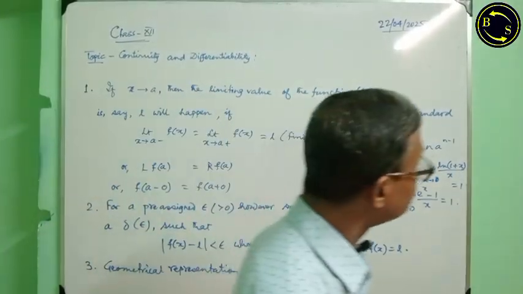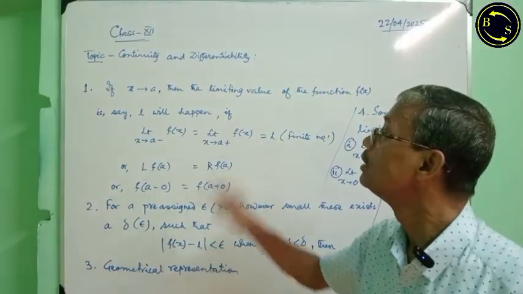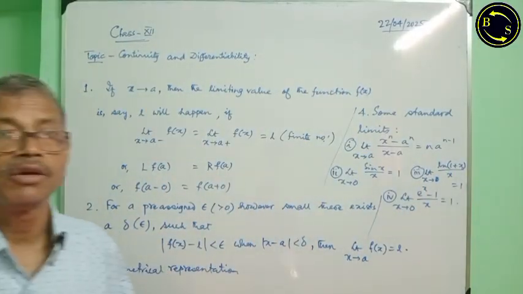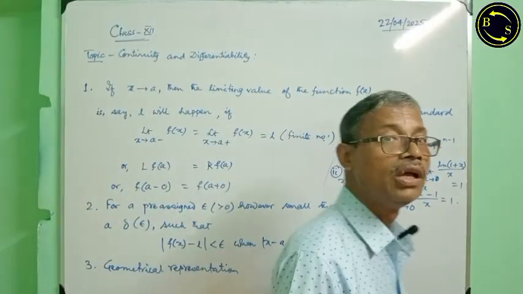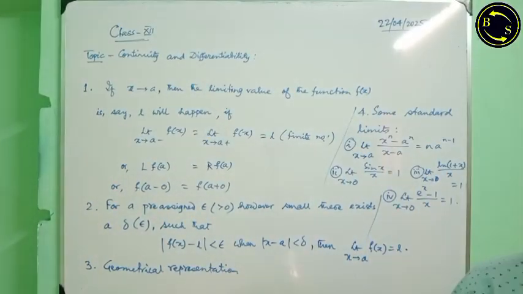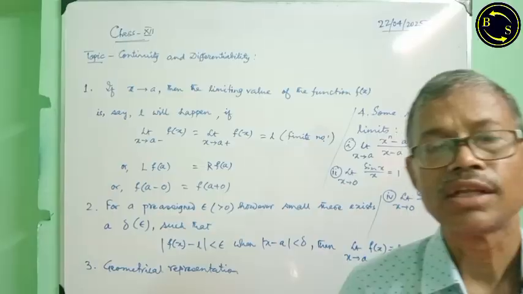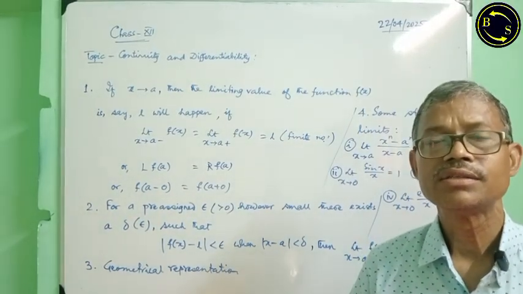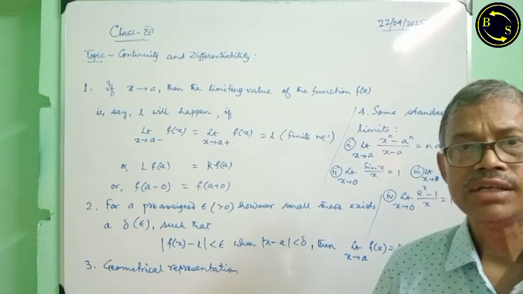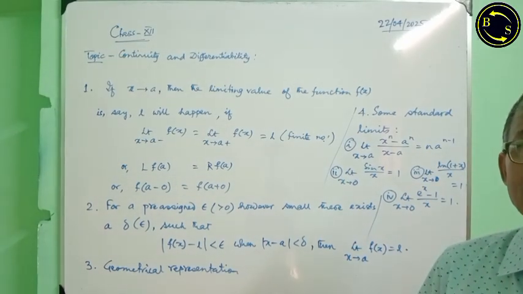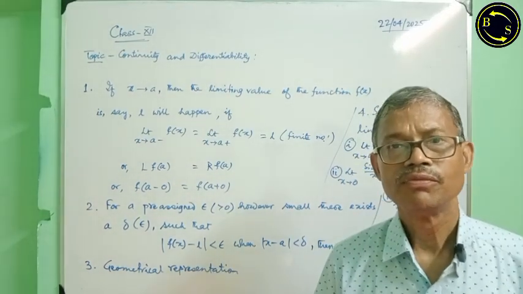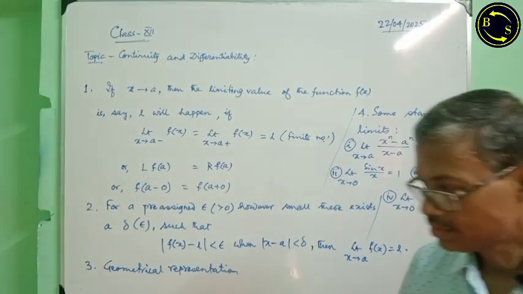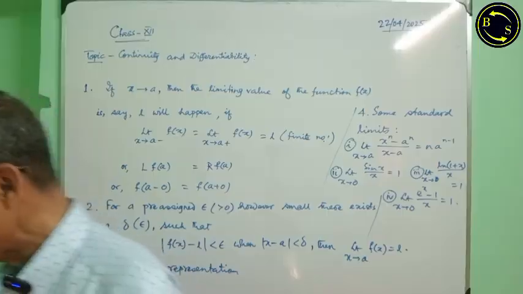Next comes continuity. First let us try to understand the meaning of the term continuity in practical life. If I say it has been raining for say 2 hours continuously, what is the general meaning?